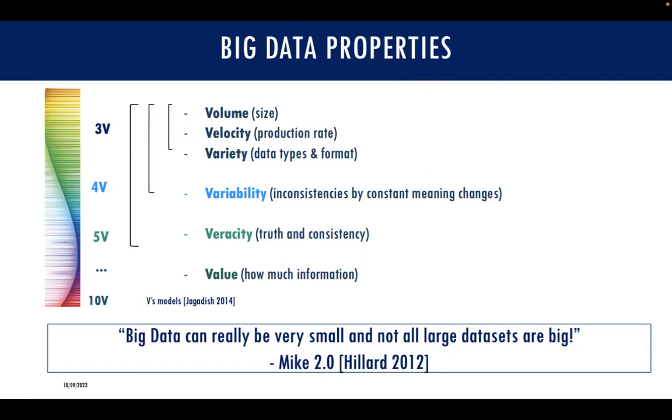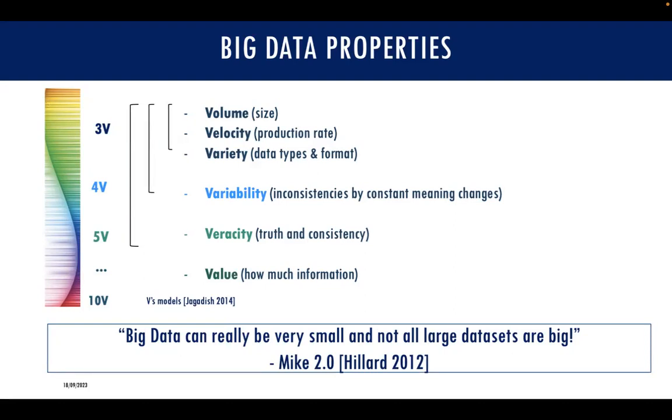For example, in the 4V model, there was variability, which referred to inconsistencies through constant meaning changes. Because of variety, and because of data coming from different contexts, people tend to evolve the way they describe observations and collect their data, and this variability is part of the properties of big data collections.